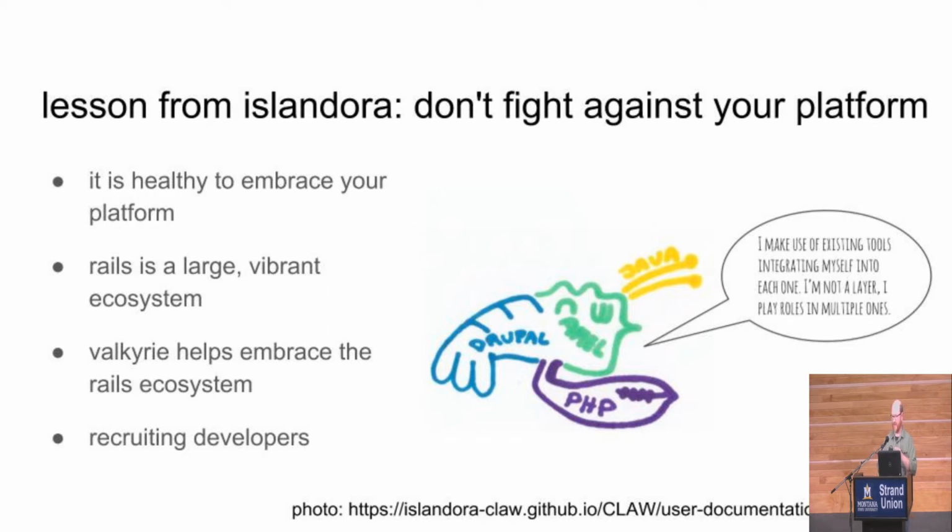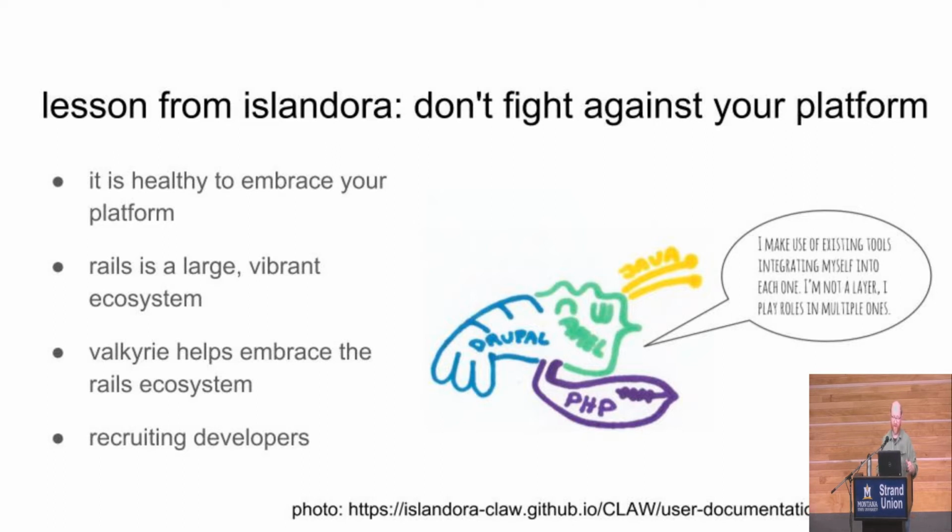There's a lesson too that I think we can learn from the Islandora community, which is don't fight against your platform. A lot of Islandora Claw development centers around taking full advantage of the Fedora ecosystem, but the companion piece to that is taking advantage of the Drupal ecosystem, of being a more typical, normal Drupal application by using Drupal the way it was meant to be used in a way that's compatible with the large library of Drupal modules that are out there.